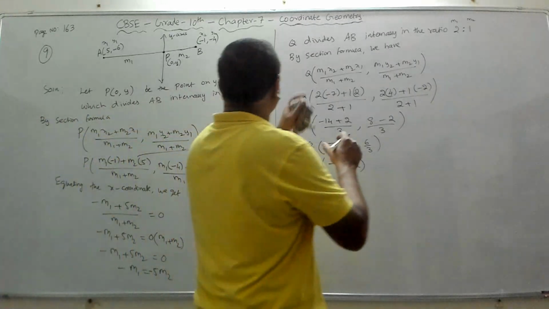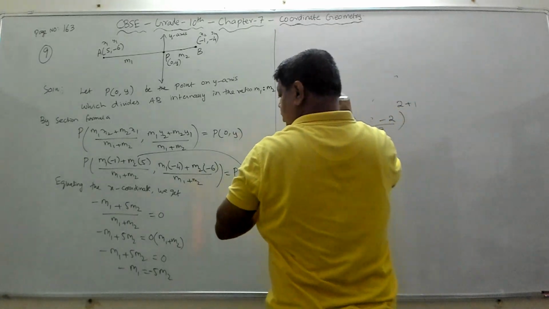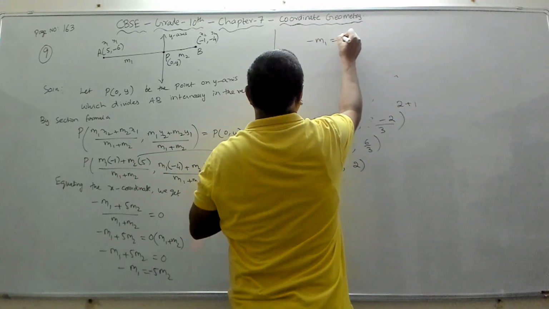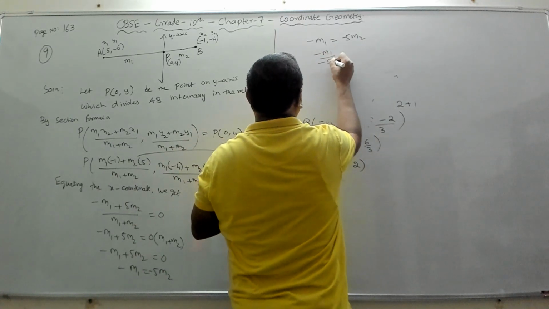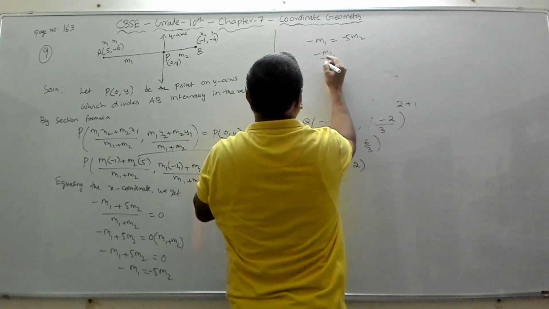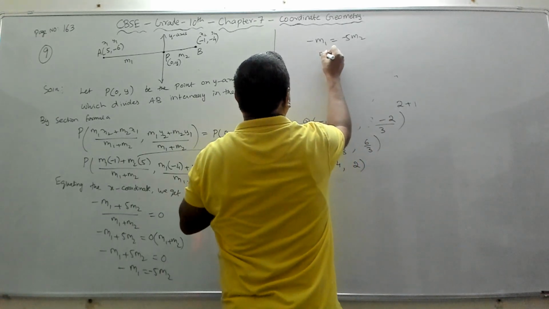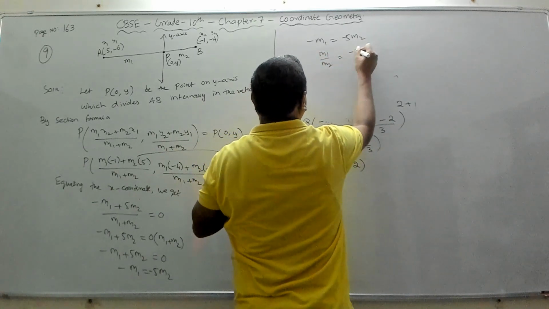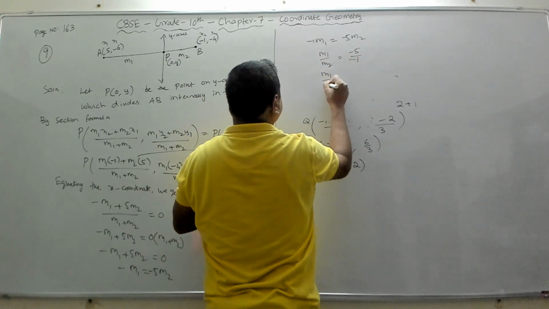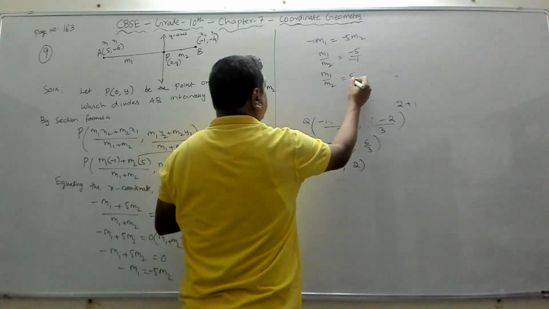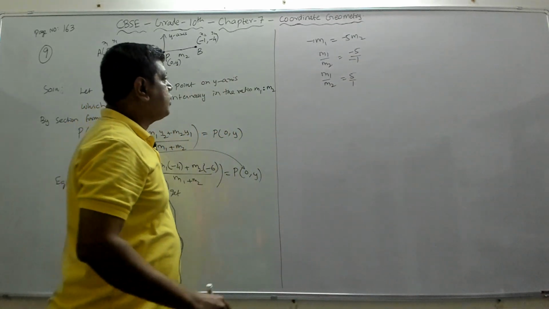So minus M1 by minus M2 equals 5, which means M1 by M2 equals 5 by 1, which means the ratio is 5:1.